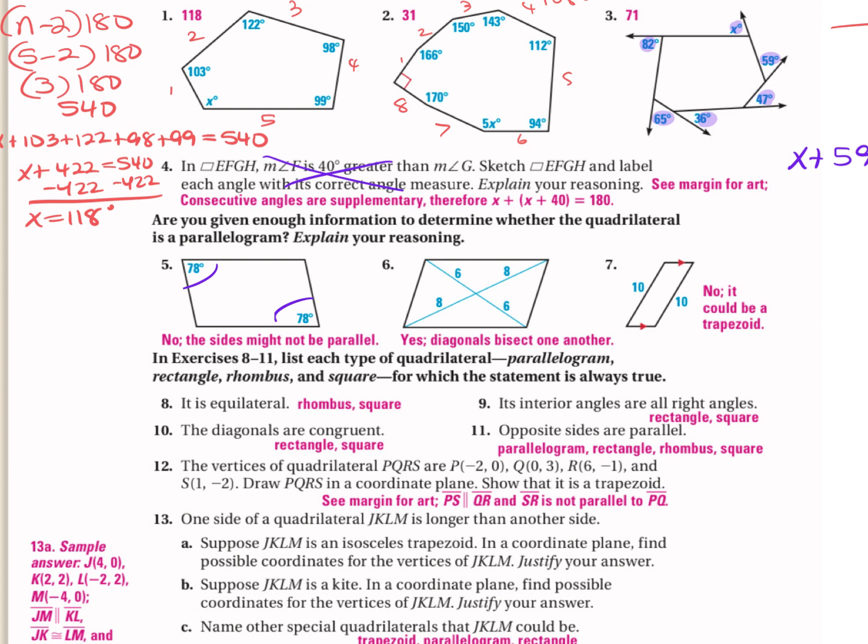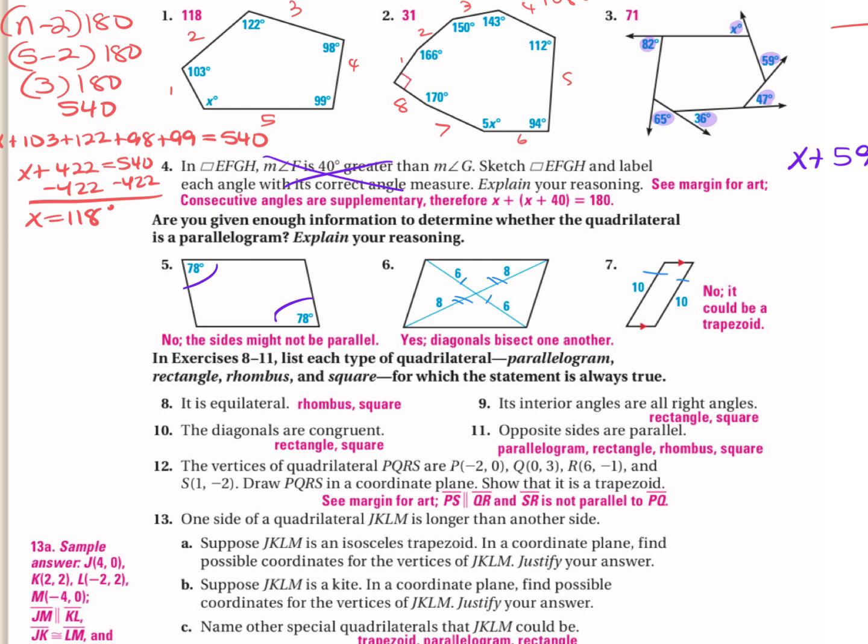Now this next one, because my diagonals have been bisected, I can use my parallelogram diagonals converse to show that this is a parallelogram. And then the next one. Okay, so for the next one, all I'm given is that these opposite sides are congruent and the other are parallel.